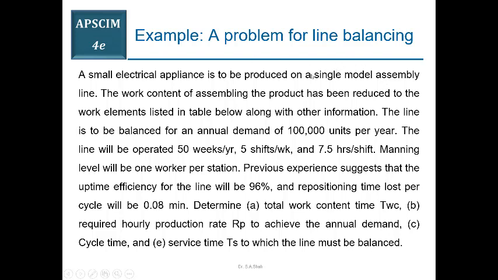Single model assembly lines are for mass production setups, in which only one type of product will be produced. Okay? So there are problems also available with reference to mixed model assembly line, which you call batch production, or job shop scenario, but that is not in your course. Okay? So we will be only concerned with single model assembly line.